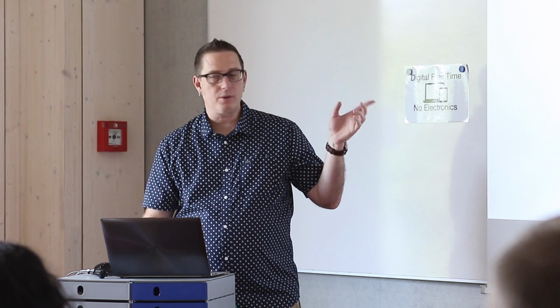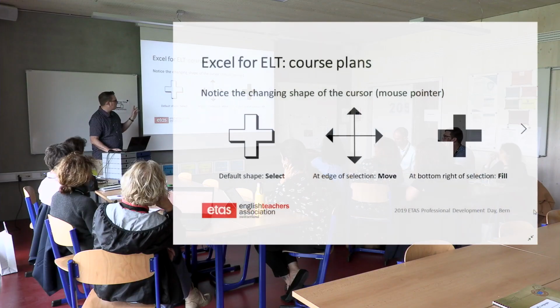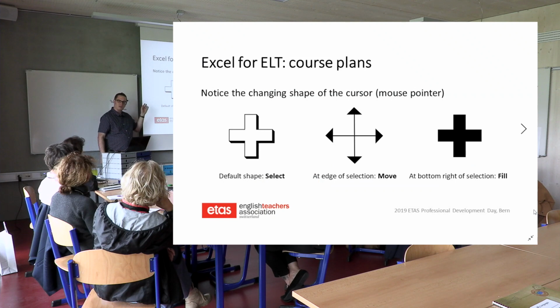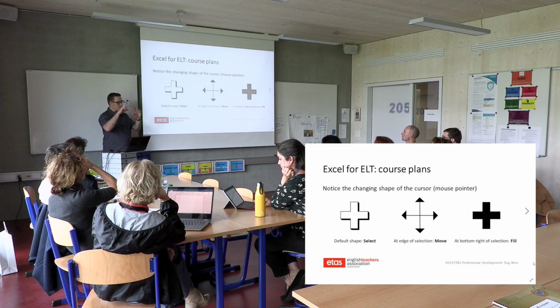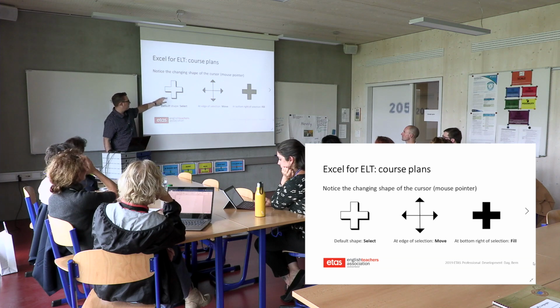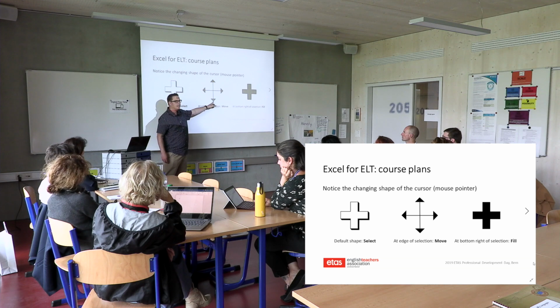So before we do the first task, I'm going to show you something that's really important to notice about Microsoft Excel. And this is the shape of your cursor will change depending on where you are moving it around. This is the default shape. You select the cells with this shape. And then when something is selected and you move it to the edge, it gets these little arrows.